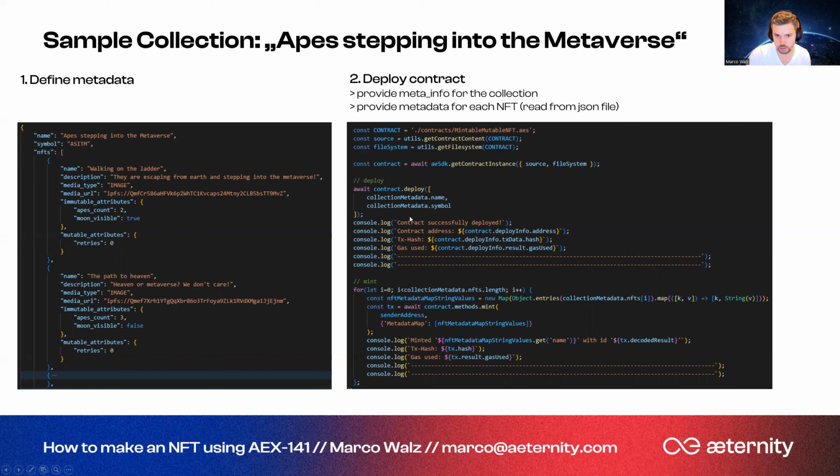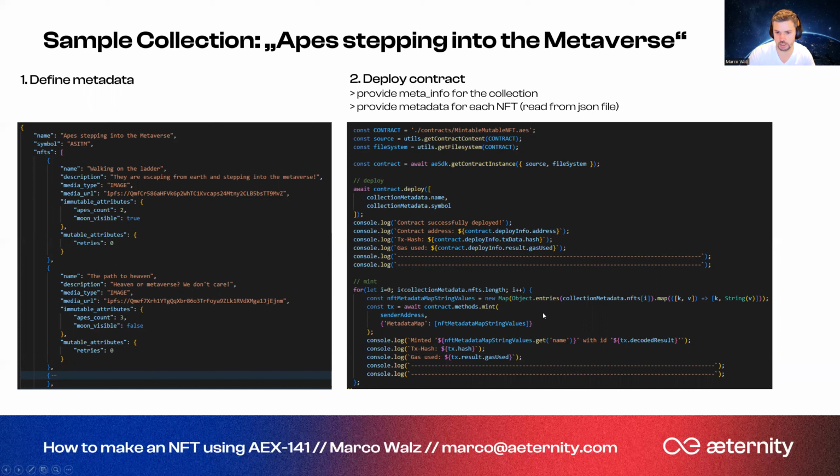After we deployed the contract, we output the data: we show the transaction hash, the contract address, and the gas that was used for the transaction to be executed. And then we have just a simple for loop where we go over all the NFTs and call the mint entry point of the smart contract, where we provide the metadata.